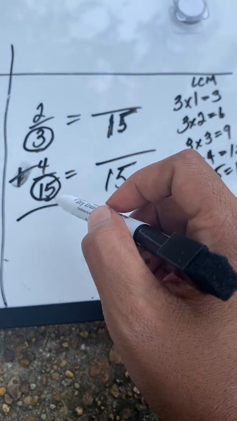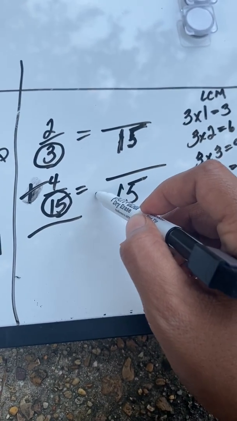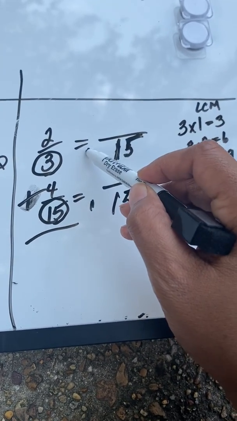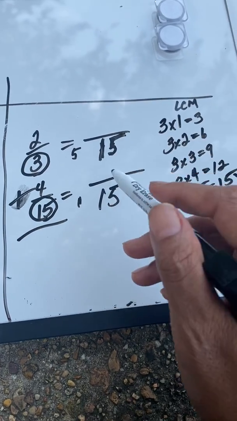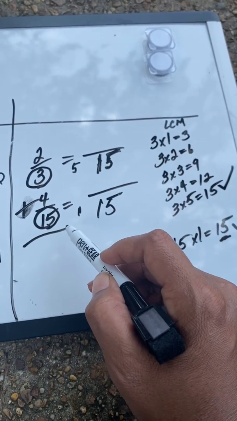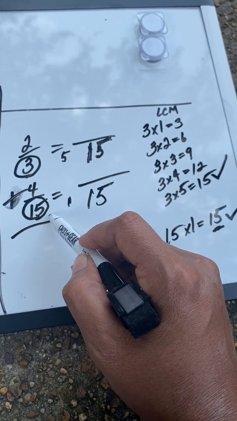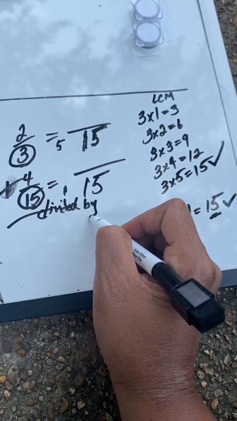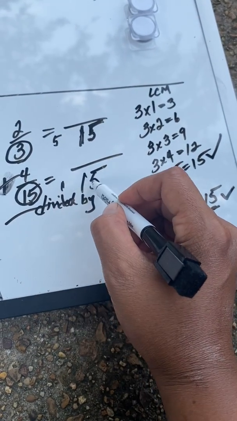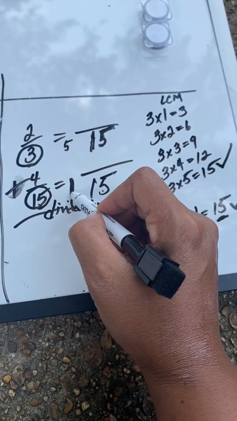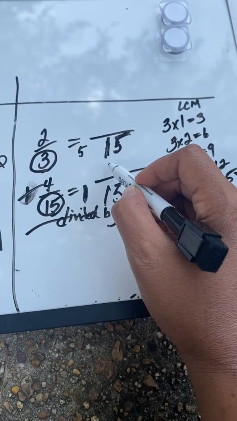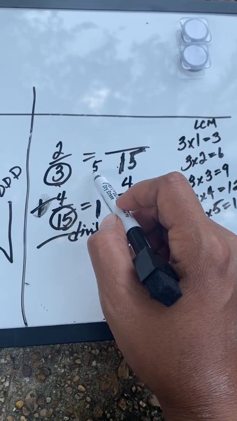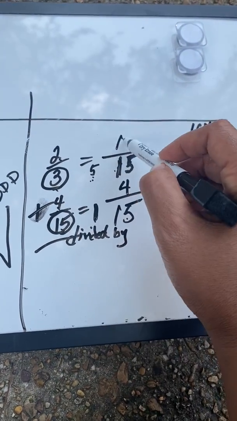So 15 divided by 15 is 1. 1 times 4 is 4. 15 divided by 3 is 5. 5 times 2 is 10.